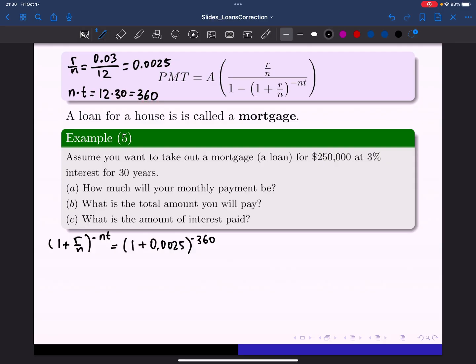If you type everything on the calculator, we should get 0.407025. Once we have this part calculated, we can keep going with the monthly payment. PMT is equal to, A is the initial amount that we want for the mortgage, 250,000.